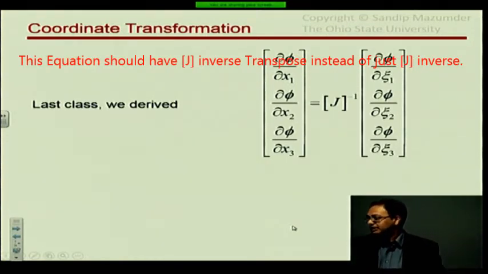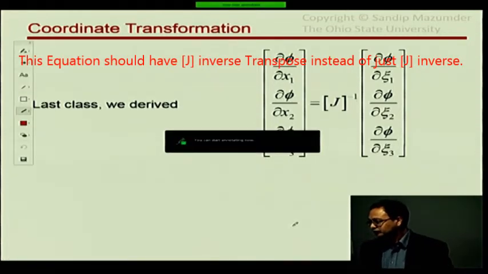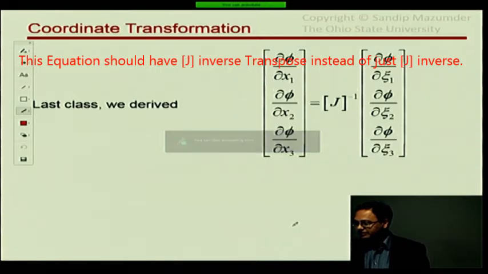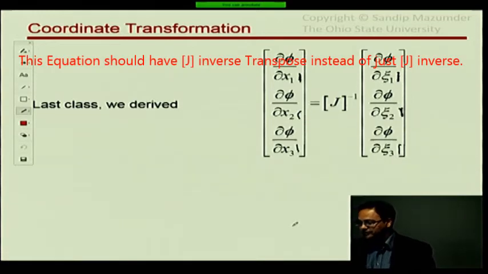So the idea being that we are trying to express partial derivatives of phi in terms of the Cartesian coordinates x1, x2, x3, now in terms of our curvilinear coordinates xi1, xi2, xi3.